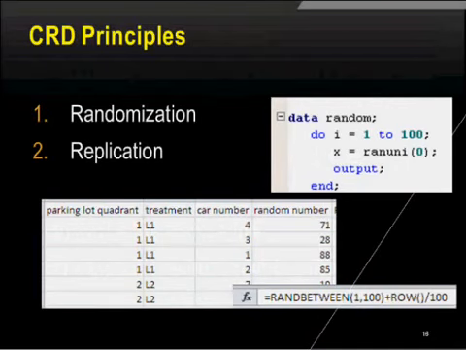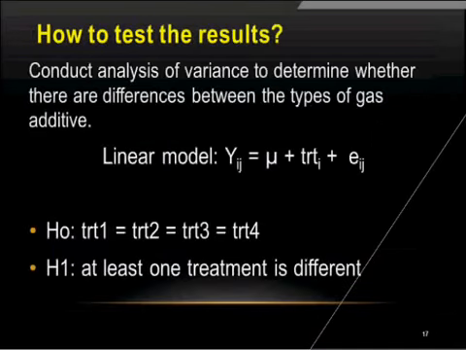All right, so after I have collected the results and studied the performance of the gas additives, what can I do now? I can conduct analysis of variance to determine whether there are differences between the types of gas additives. And the model will be really simple. It will be just a linear model with one term, treatment, and some error term.